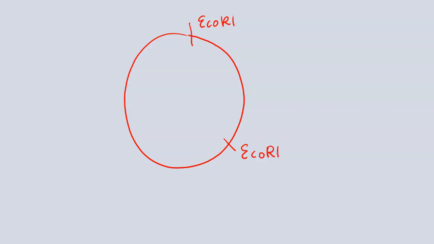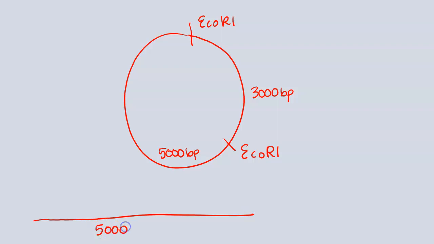And let's say this is a total of 8,000 base pairs all the way around. Maybe this is 5,000 base pairs and this is 3,000 base pairs. So if we cut this, we'll end up with 2 pieces. We'll end up with a 5,000 and a 3,000 base pair piece.